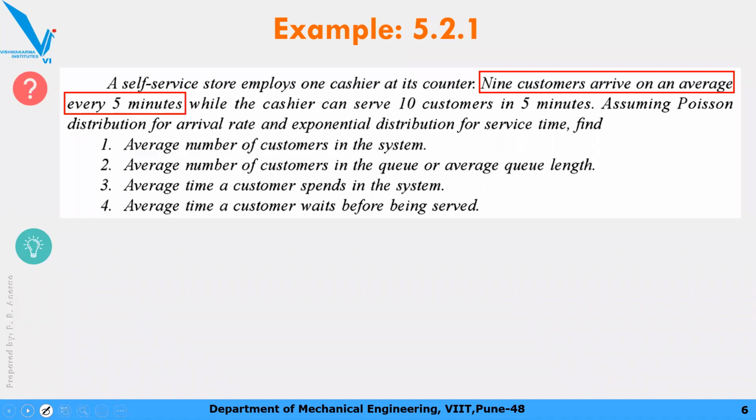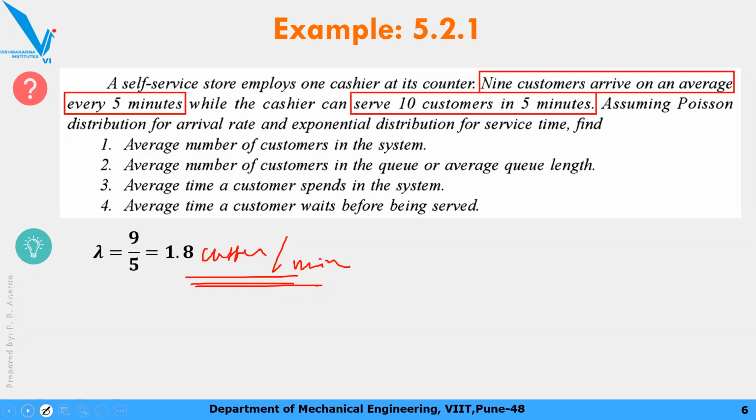So lambda, your arrival rate, is 9 by 5, which means 1.8 customers are coming per minute. Next you need to find out mu, the service rate. Continuing with that line, the cashier can serve 10 customers in 5 minutes. So in 1 minute you are actually serving 2 customers.